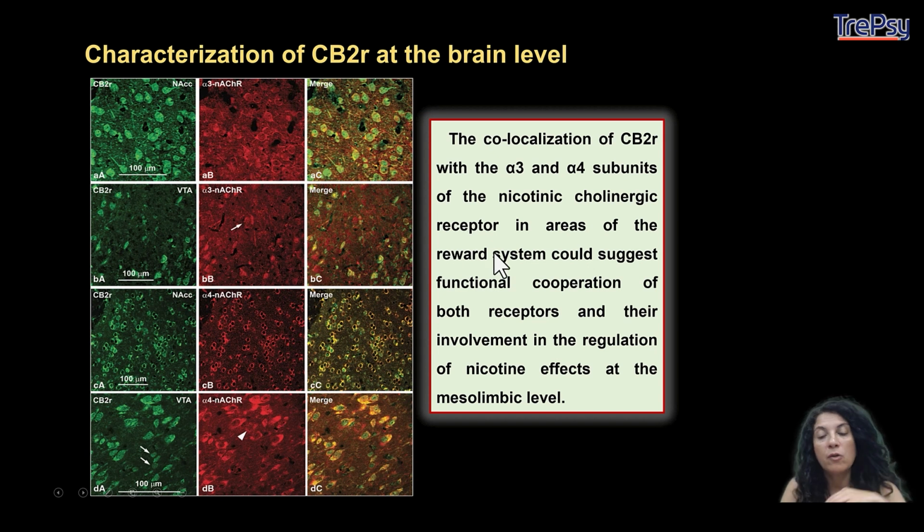So the colocalization of CB2 receptor with alpha 3 and alpha 4 subunits of the nicotinic cholinergic receptor in areas of the reward system could suggest functional cooperation of both receptors and their involvement in the regulation of nicotine effect at the mesolimbic level.